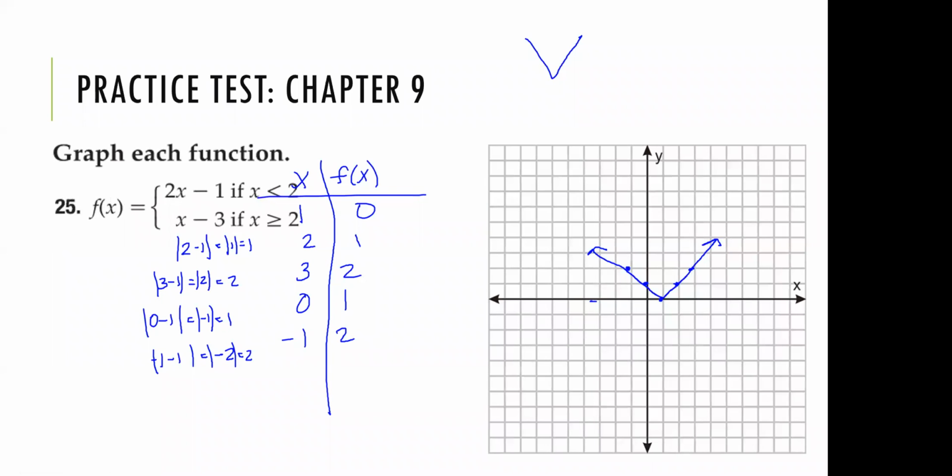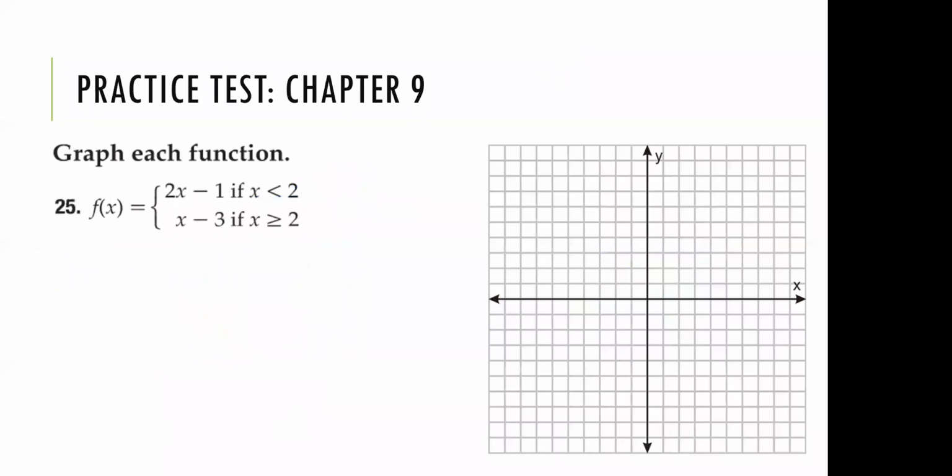All right, then here it says to graph each function. So here we have f of x, and we have two functions here. We have 2x minus 1 if x is less than 2. So I'm going to deal with that one separately. So f of x equals 2x minus 1, where x is less than 2.